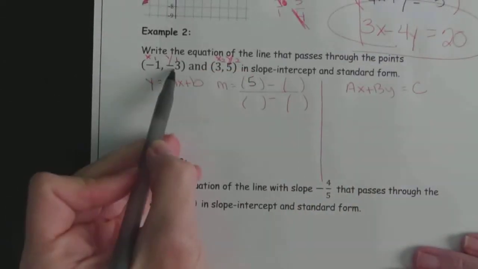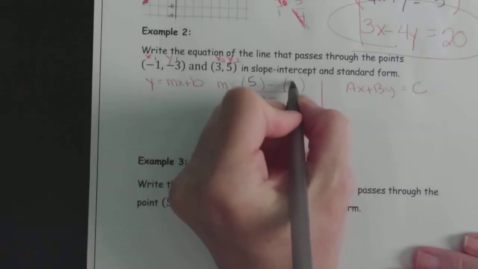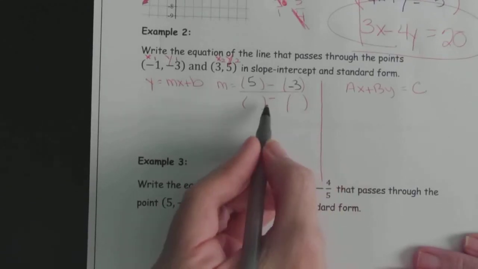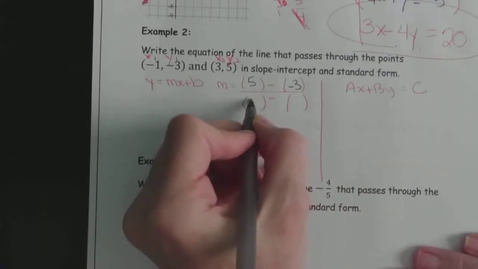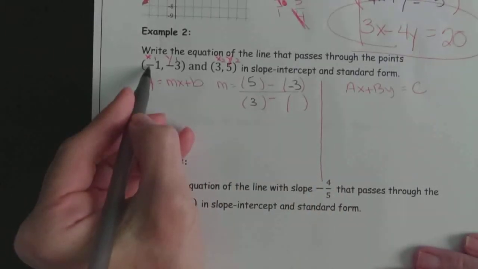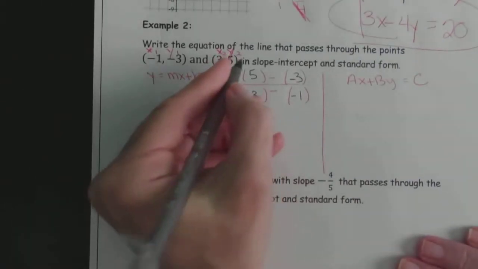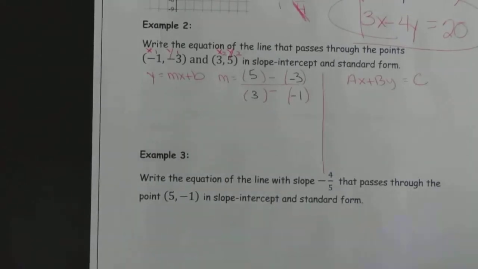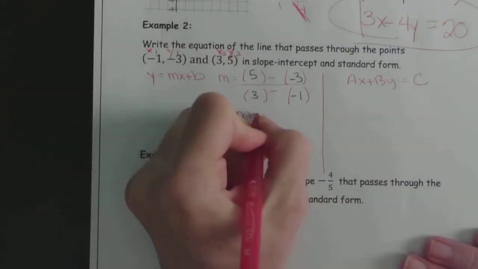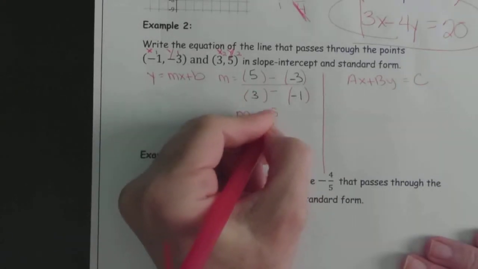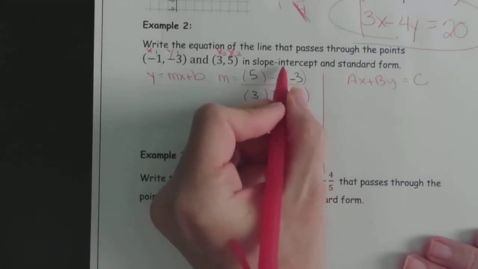We set it up. Got to drop these numbers. There are 4 of them for 4 slots. So y sub 2 is 5 minus y sub 1, -3. Watch that double negative. Careful. x sub 2, 3. Here's another double negative, x sub 1, -1.